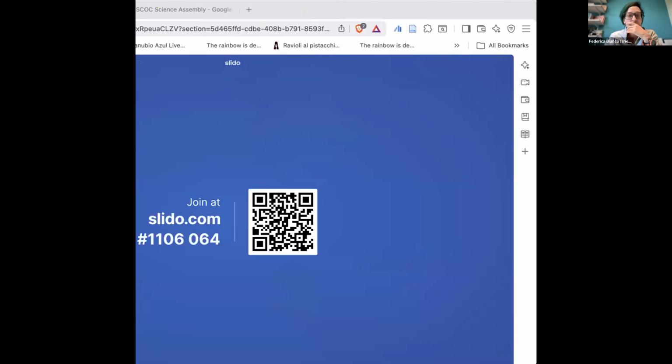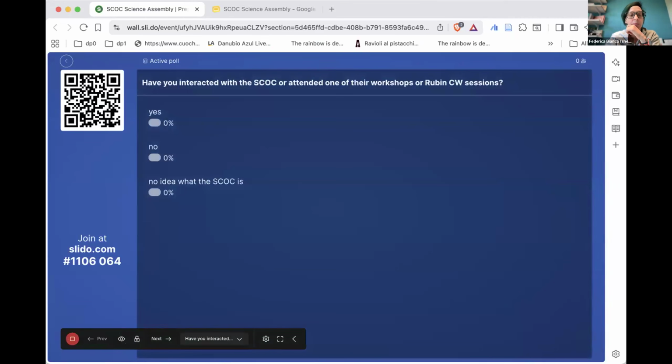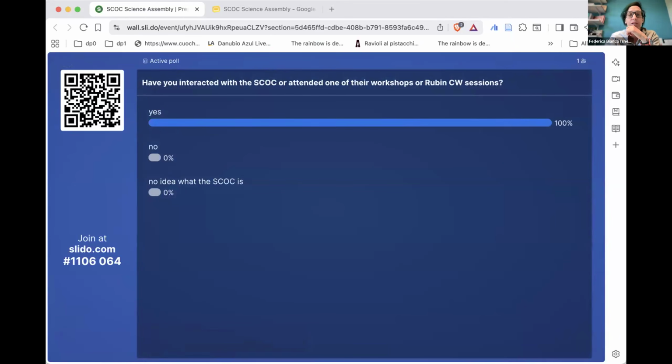So can you please click on the QR code or grab the code here and start answering this question. Have you interacted with the SCOC or attended any of the SCOC workshop or Rubin CW sessions?